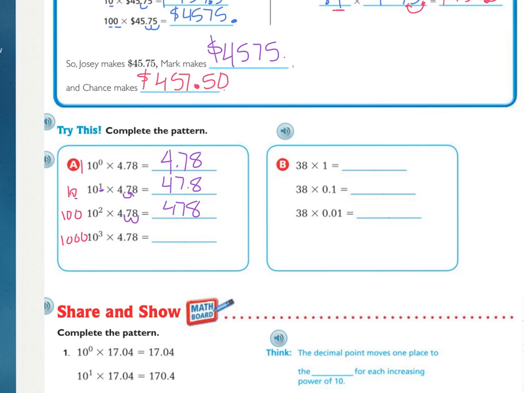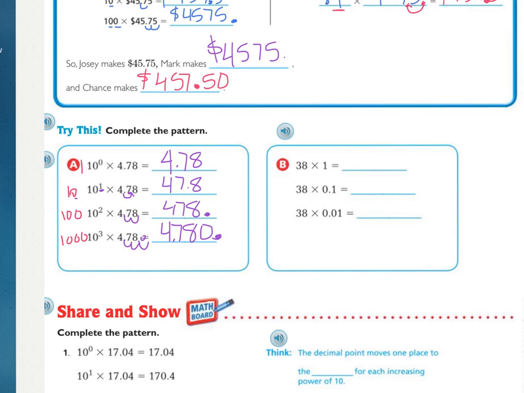And I really don't have to write the decimal, since it's at the end, but I'll show it. Now this one, I'm going to write down my digits of 478, but if I moved my decimal 3 times like I'm supposed to, I need to add a 0 in there. So there's my 0 for my decimal, and a comma because it's in the thousands, 4,780.